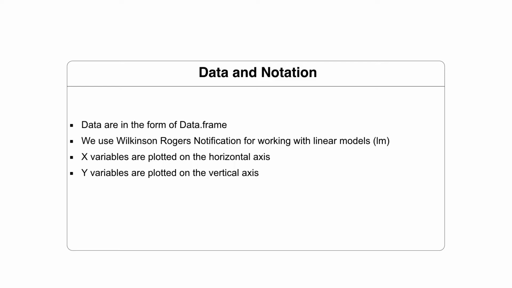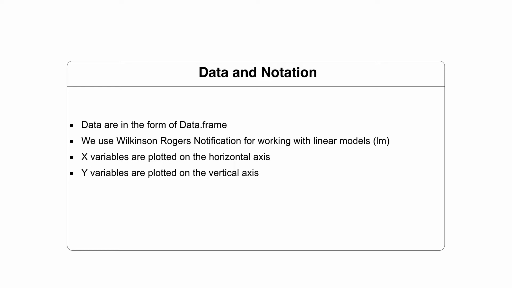In this particular case, we are going to use two continuous variables. One of them is going to be an outcome variable, and the other is going to be an explanatory variable. We will be using what is often referred to as the Wilkinson-Rogers notation for working with linear models.